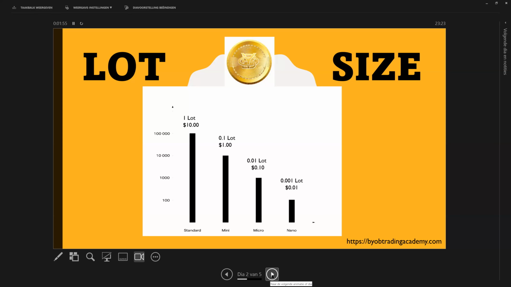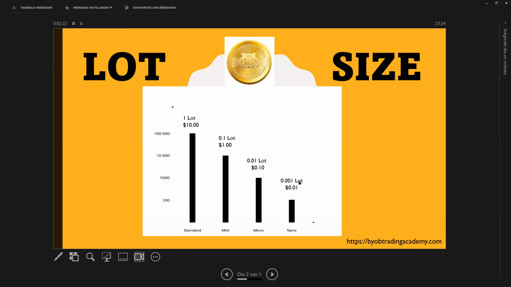So we have here lot sizes. They're different lot sizes. On here, we have a little graph, and it says nano. A nano is the smallest one. We see here 0.001 for our nano.